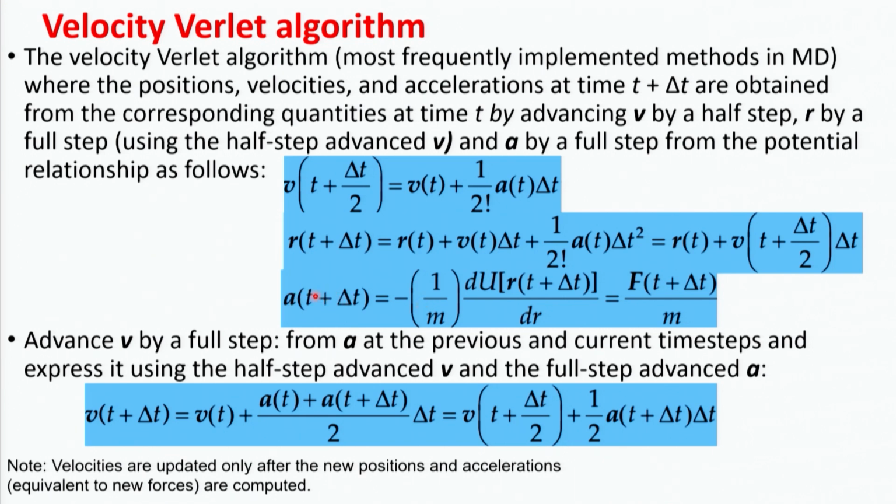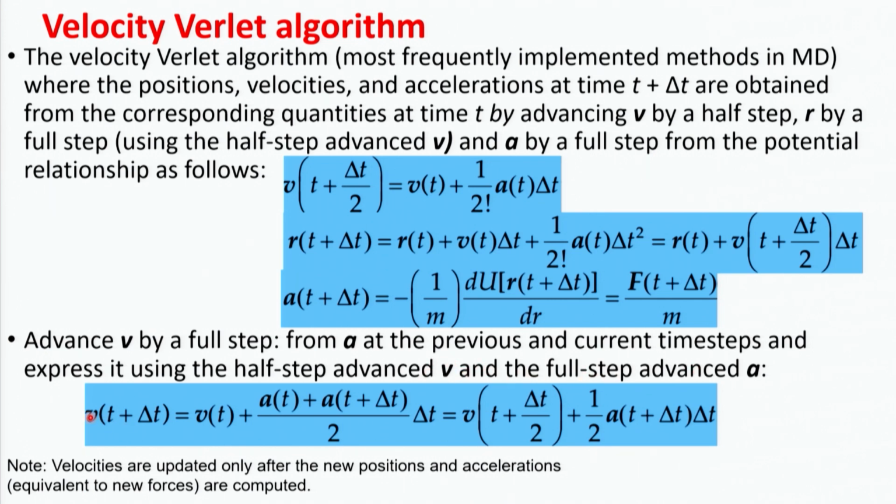Okay. So you get the acceleration from here. But what we are getting here is the velocity at half step advance. Okay. So now we need to advance this velocity by a full step, from a at the previous and current time step, and express it using the half step advance velocity and the full step advance a.